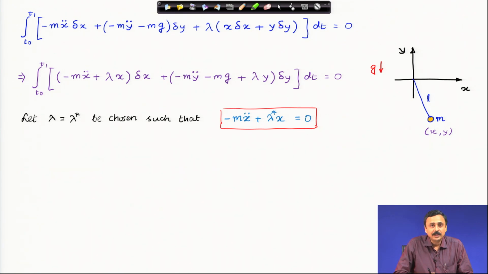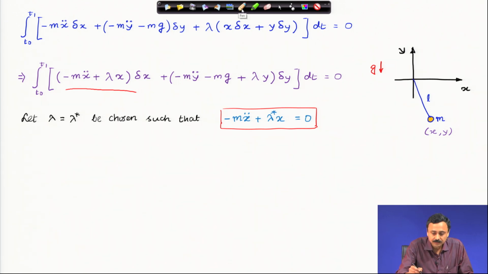I will do away with one of the bracketed terms, so that I do not even have to worry about the variation of that coordinate. Let us choose some lambda star, such that the first bracketed term goes to 0. The first bracketed term goes to 0 as shown here. I choose lambda star so that the first bracketed term goes to 0.